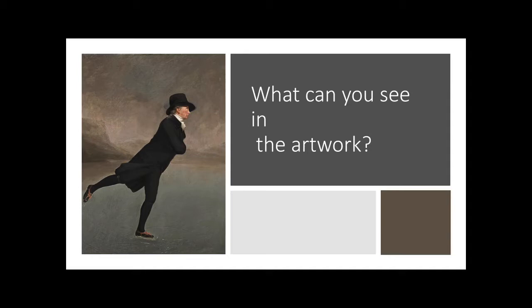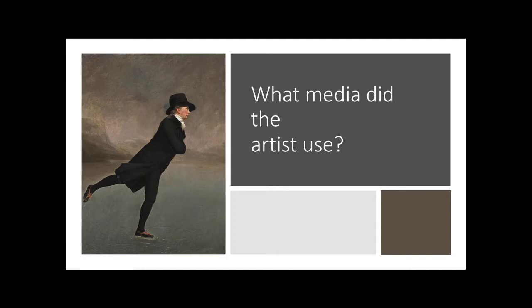Okay, so we're going to move on now to the next slide. And this time we're going to say, what media did the artist use? So looking at this piece of artwork here, when we talk about the media, we're thinking, is it a painting? If it's a painting, was it oil paints? Do you think it was watercolor paints?